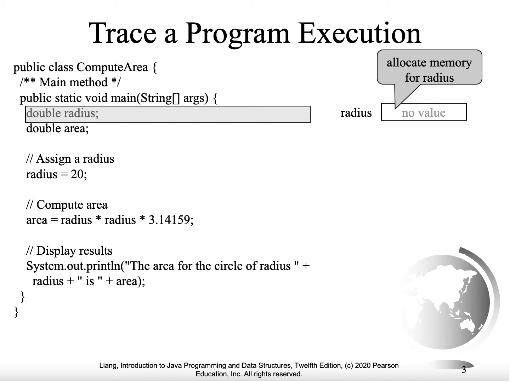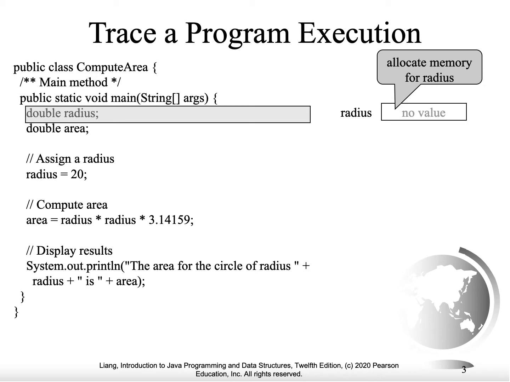Recall that a statement ends with a semicolon, the statement terminator. This statement declares a variable of type double and names that variable radius. Effectively, what this does is say, hey computer, give me some space so I can put some information in that space.